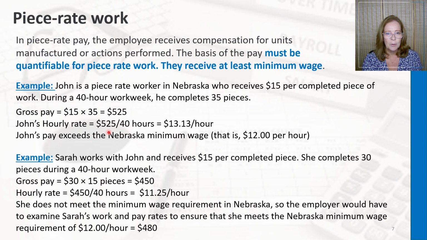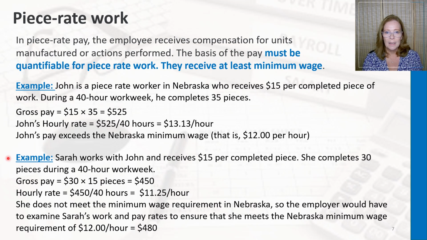We'll calculate the hourly wage by dividing 525 by 40 hours, and we come up with $13.13. In Nebraska, the rate is $12 per hour, so we're okay. He receives enough based on the piece rate pay to be above Nebraska's minimum wage.